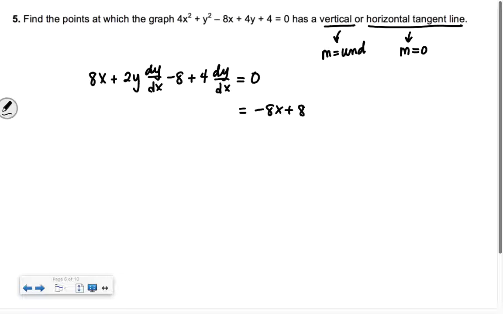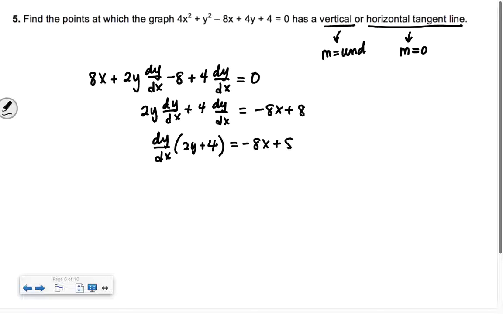Can you guys pull out the dy over dx as you're doing this? If you can't, I'll write it on the notes. So we end up getting dy over dx times 2y plus 4 equals negative 8x plus 8. So dy over dx equals negative 8x plus 8 all over 2y plus 4.